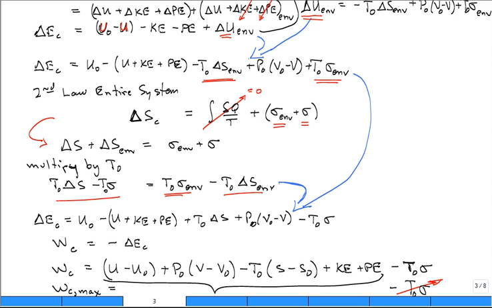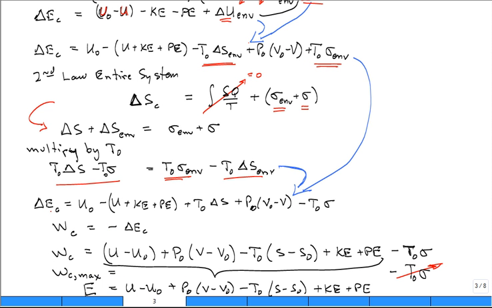And what you get is an expression for the change in the energy of the combined system is equal to all these properties with, now we have it, T naught times the change in entropy of our system and the entropy generation due to irreversibilities in our system. Okay, at this point we're interested in what was W_C again.